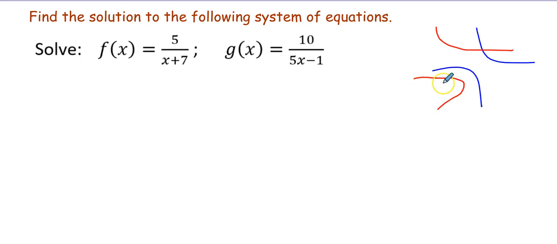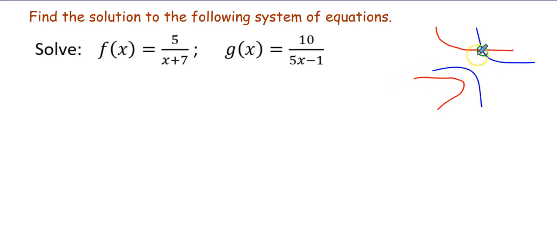I am just drawing an approximate graph. On drawing the graphs, we are seeing that they intersect. These blue and red graphs are intersecting at this one point, and whether there is a chance of intersecting on extending or not, we do not know. We have to draw the graph and verify how many solutions are possible.